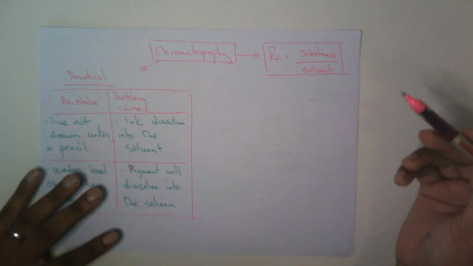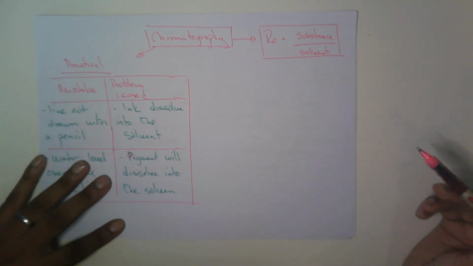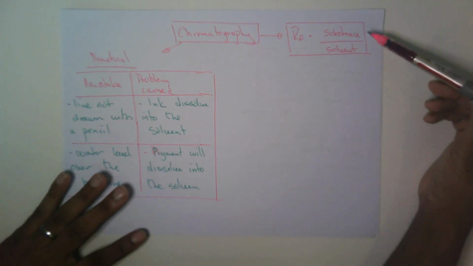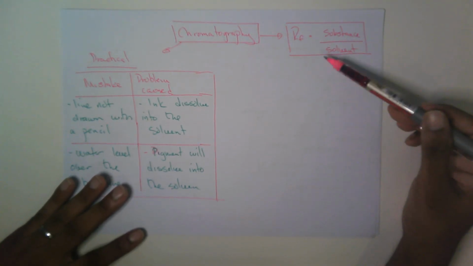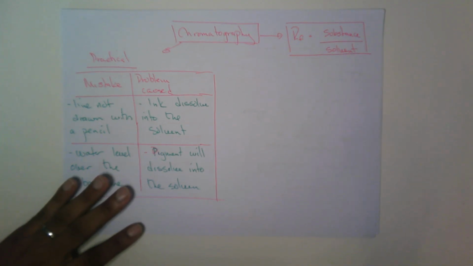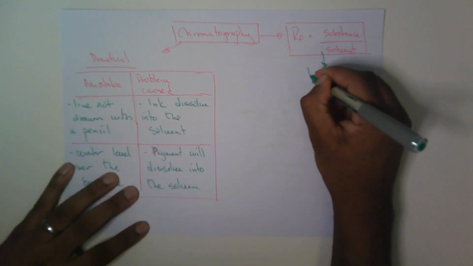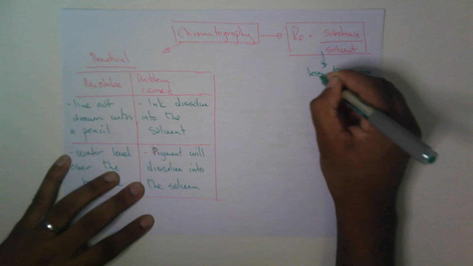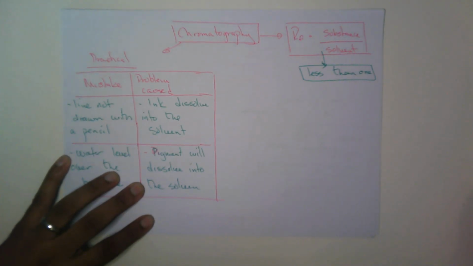So you actually measure it out. Make sure you do it from the center of the spot, and that will be the substance, and then how far the baseline, the solvent, they call it the solvent front, how far that goes up the paper. It will always be less than 1. So just make sure that that's the right way around.